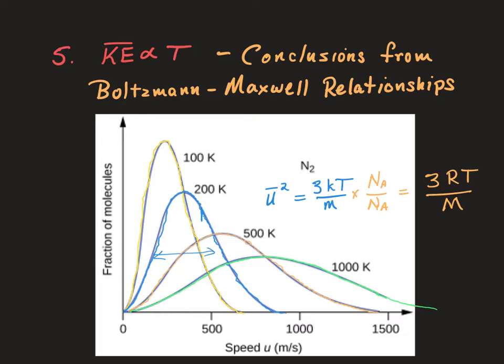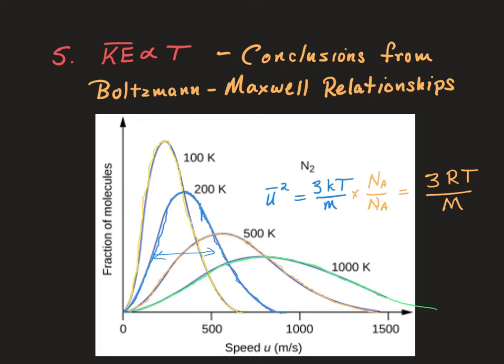Right, from that equation we put up before, that the average speed squared equals 3 times Boltzmann's constant times the temperature divided by the mass of each molecule. If we multiply that times Avogadro's number, Boltzmann's constant times Avogadro's number is R. The mass of each molecule times Avogadro's number is the molar mass in kilograms.